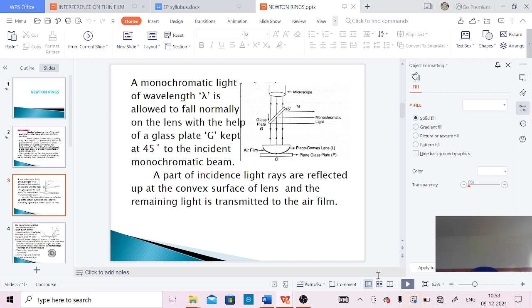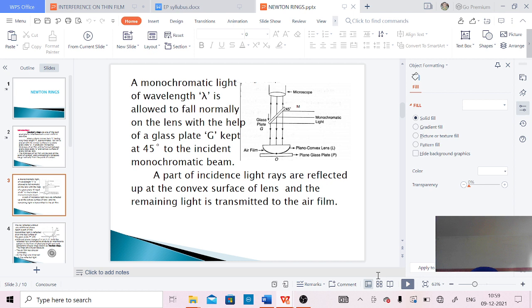See how it will be. There is a microscope with which we observe all this phenomena, and there is an inclined glass plate through which the monochromatic source is illuminated. See, the plane glass plate and the plano convex lens, the point of contact, and also the air film away from the point of contact. A monochromatic light of wavelength lambda is allowed to fall normally on the lens with the help of a glass plate G kept at 45 degrees to the incident monochromatic beam.